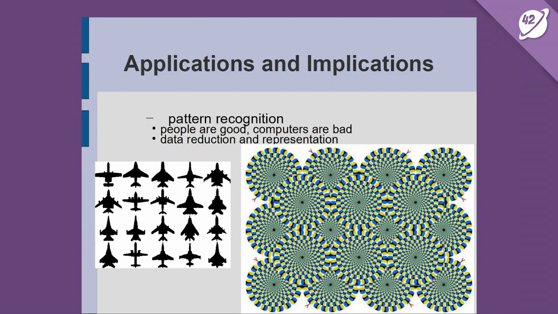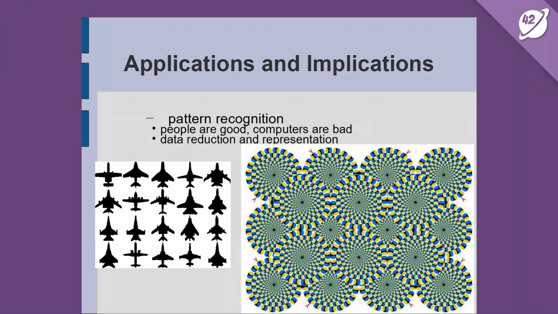The other thing that we are really good at and traditional computers are not is pattern recognition. Now there's a picture there of airplanes. You as a person look at that and without even fully concentrating on it, you probably immediately think airplanes and then possibly even military airplanes, whereas it would take a computer a long time to figure that out.